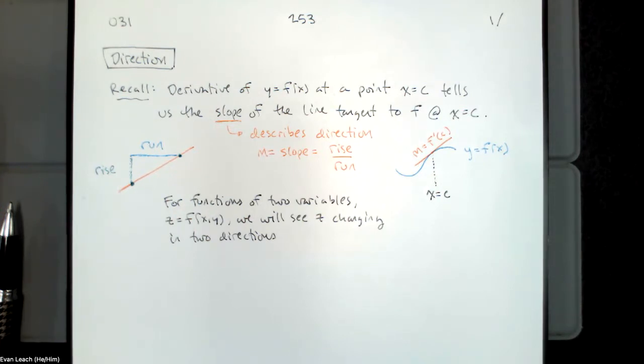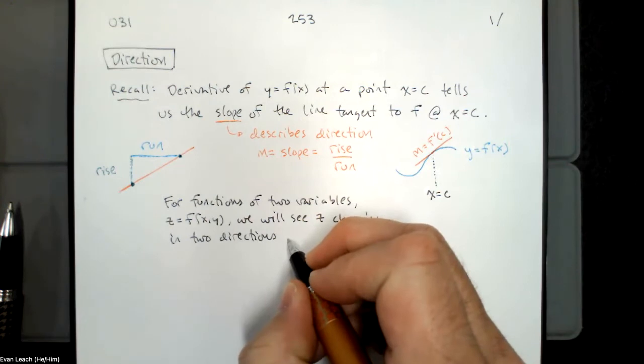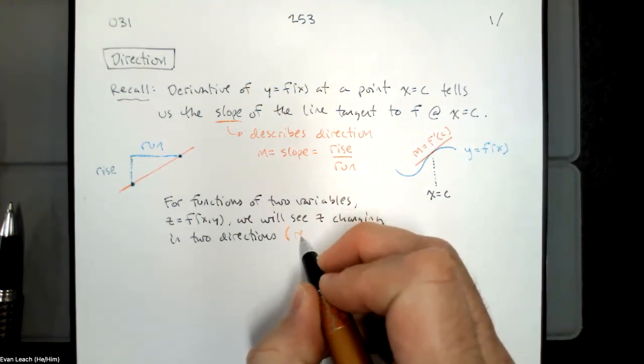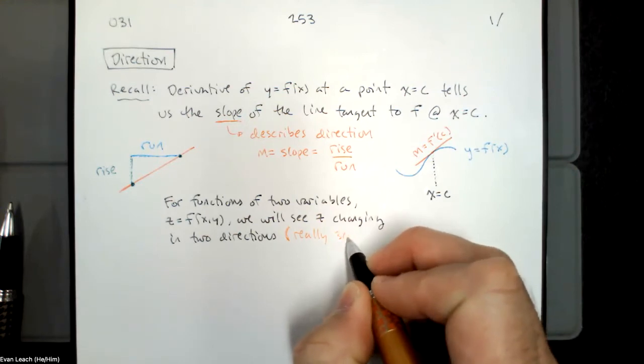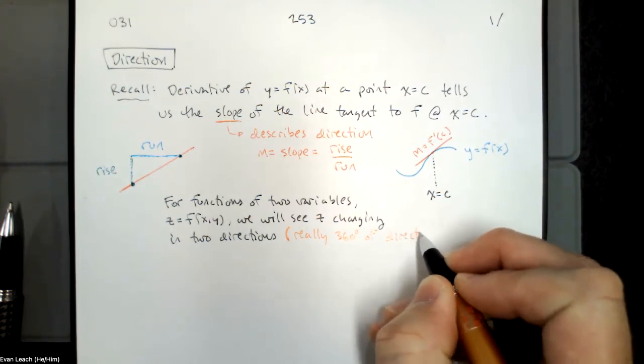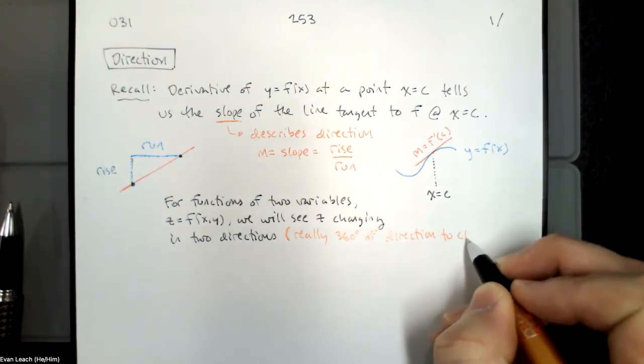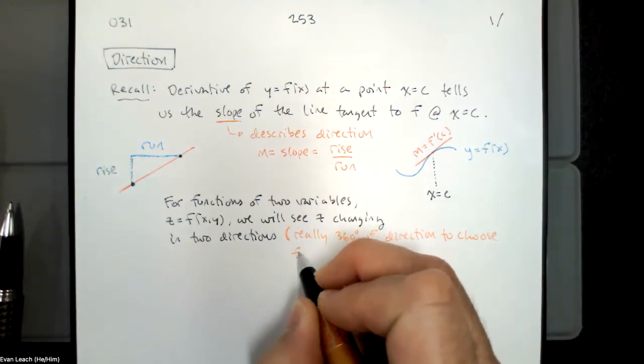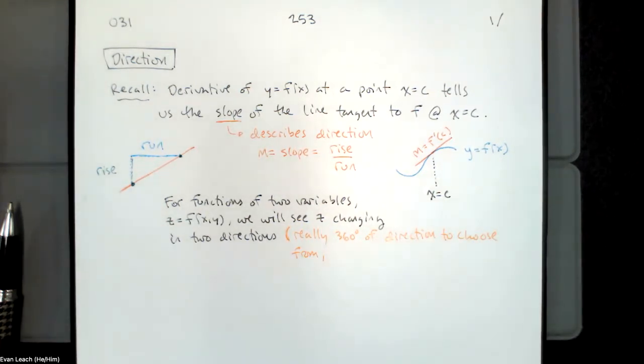But we're going to focus on x and y because any one of those ones in the middle is going to be some combination of x and y directions. So we want to make a note, really, we're going to have 360 degrees of direction to choose from, but all those directions are going to be combinations of some x and some y.